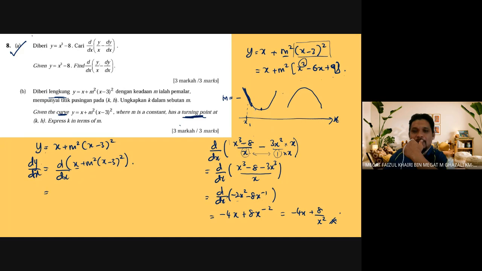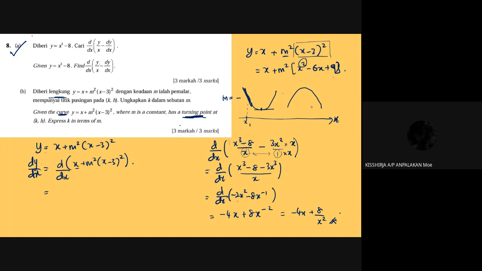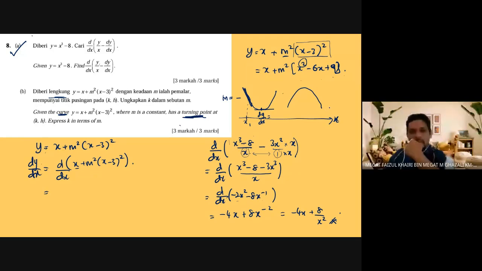What is the gradient at this point? On the flat place, dy/dx is 0. dy/dx we call zero. And what is the gradient at this point? Positive.